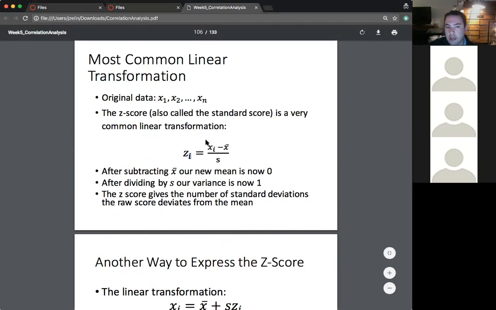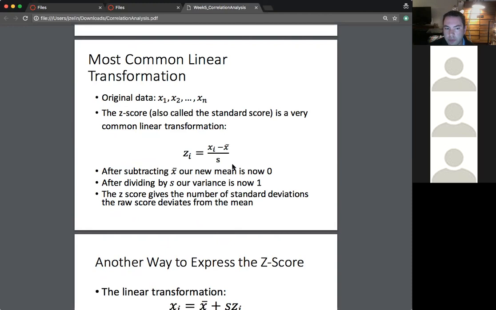We take each value of x and we subtract out the mean of x and we divide by the standard deviation. And by doing that, we create a new data set, a new sample where the mean of that sample is now 0 and the variance is now 1. So this will standardize our data so that we know that the mean will be 0 and the variance will be 1.